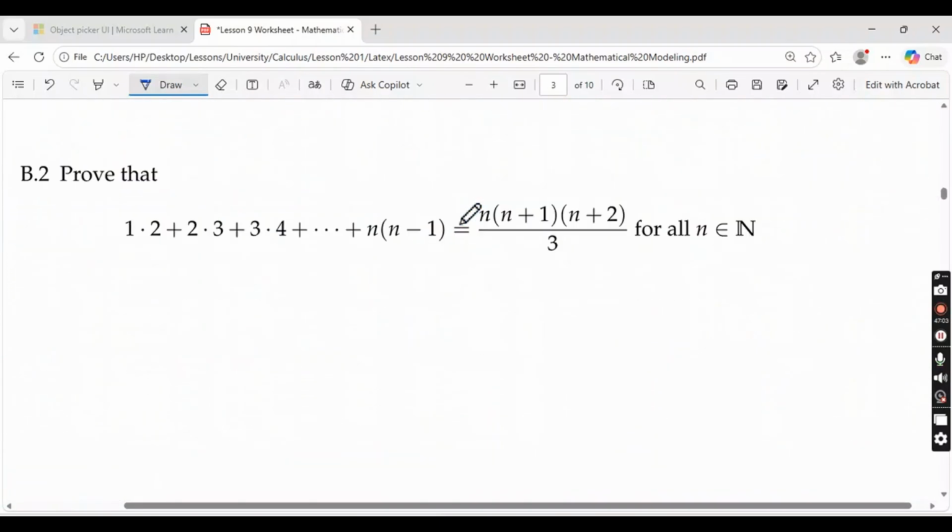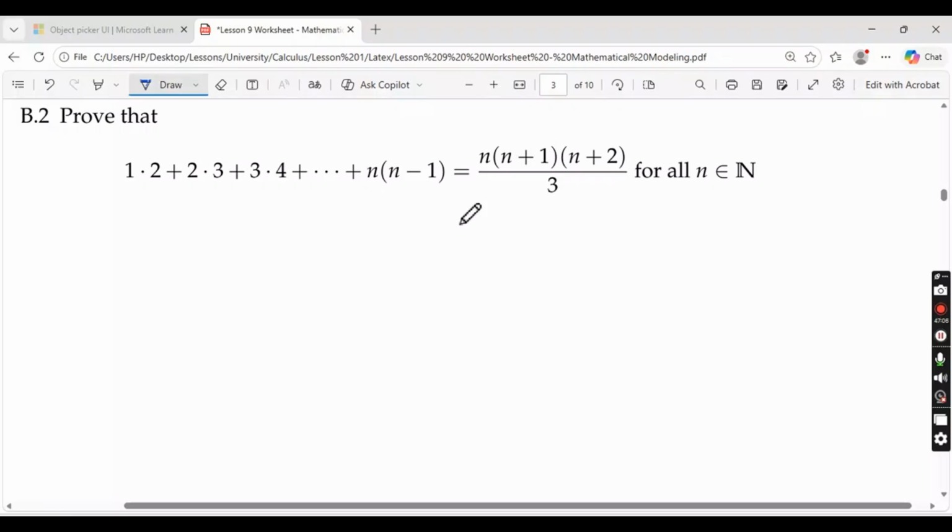Okay. Cool. Since we have gotten the gist of that, let's now deal with proving that 1 times 2 plus 2 times 3 plus 3 times 4 plus dot dot dot plus n times n plus 1 is equal to n times n plus 1 times n plus 2 over 3.